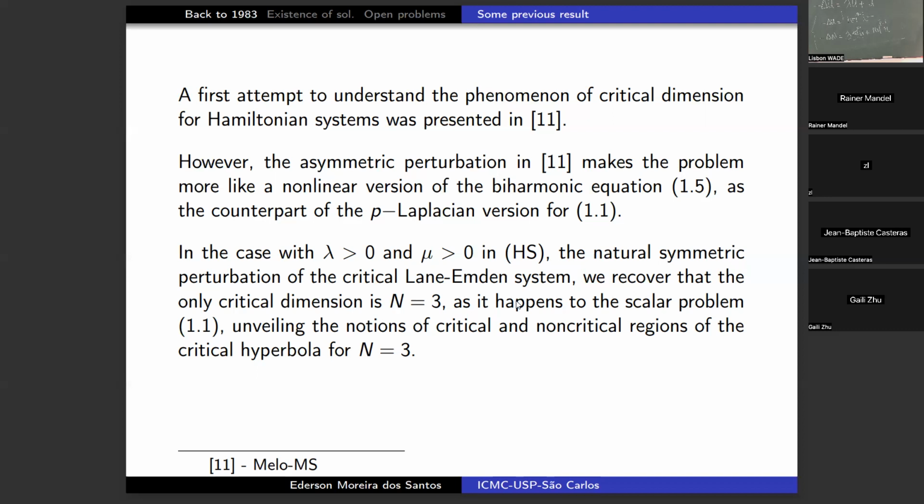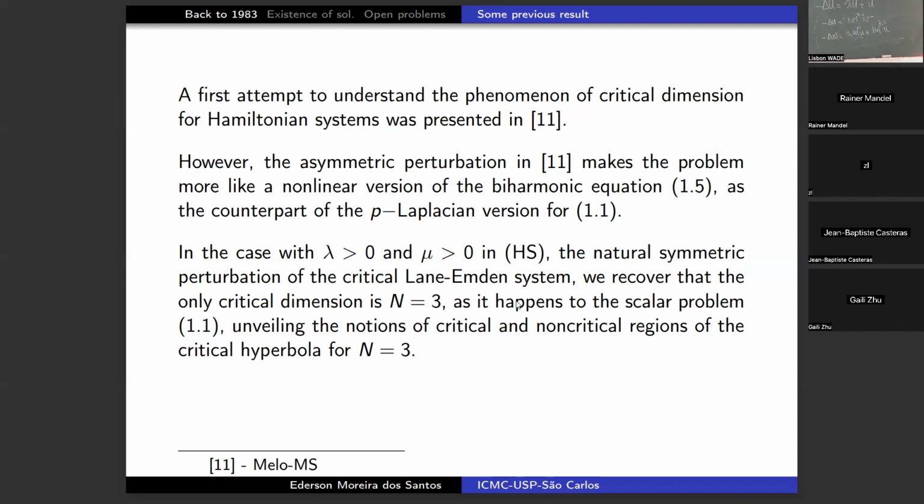Because we used the reduction by inversion, and we consider a fourth-order equation, which is more or less a P-Laplacian version compared to the Laplacian version. So this would be the link between this and the P-biharmonic problem type.